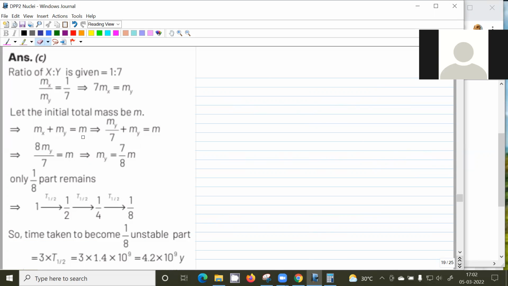So mx plus my equal to the constant mass m. So my is 7/8 of m. So the Y that is remaining, 1/8 remains. So 1/8 remains means there are 3 half-lives.